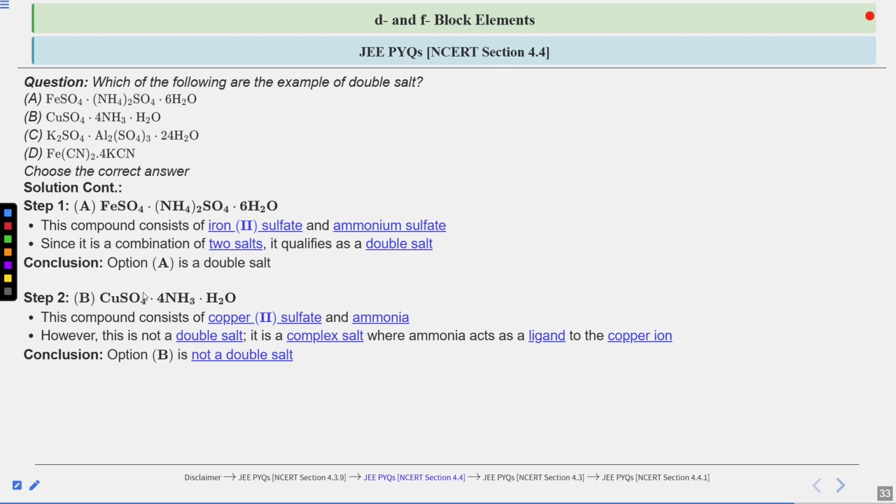Here copper acts as the central atom to form the complex, and the 4 ammonia molecules act as ligands and arrange around the copper ion in the complex. So option B is not a double salt.